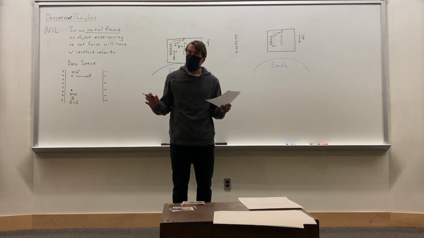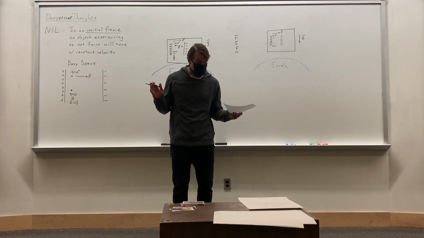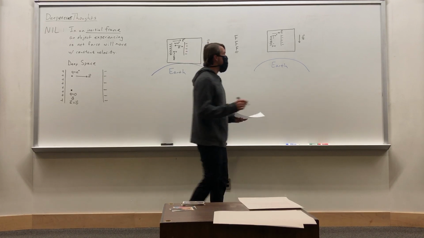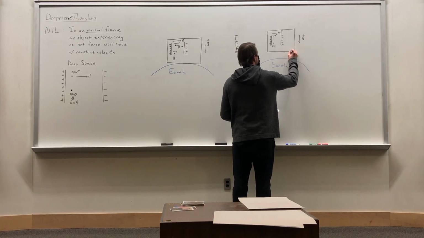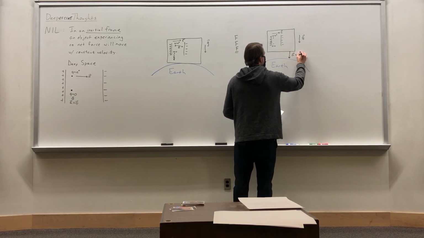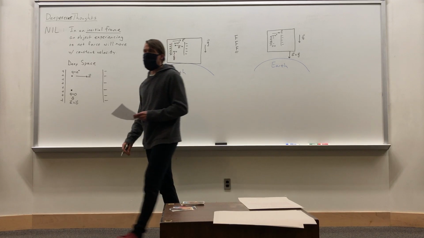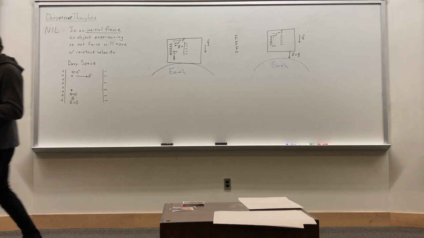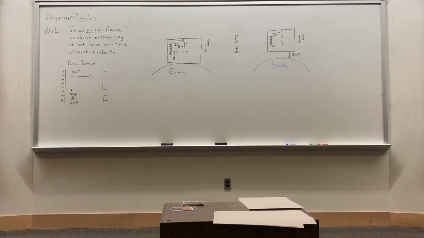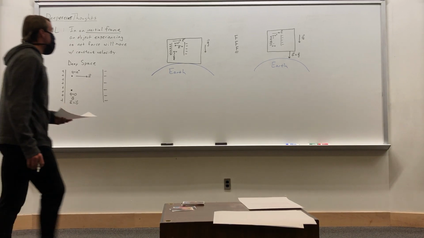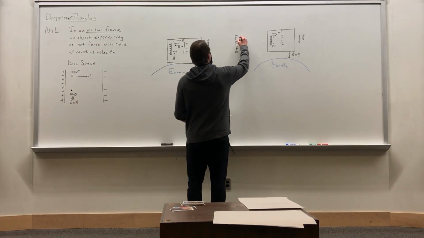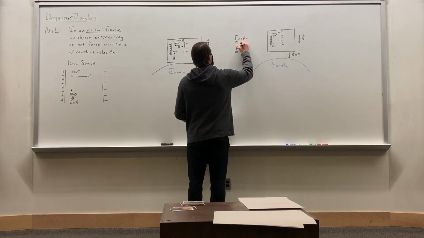What was I supposed to do to get rid of gravity? Free fall. Jump off a cliff, go into free fall. So in addition to the presence of gravity, my lab is undergoing a downward acceleration, which has the same magnitude as the gravitational field. That's what a free fall is. This is a freely falling frame.